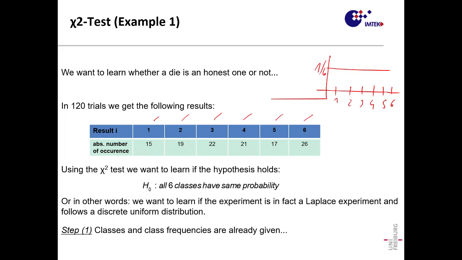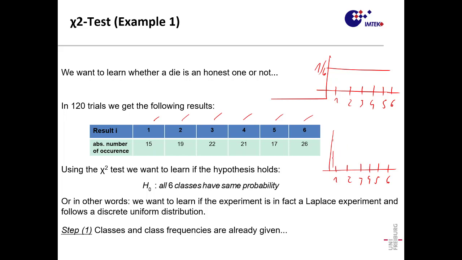So the first thing that we have to do is build our classes. The classes are easy to build in this case because we have already defined them. It's 1, 2, 3, 4, 5, and 6.